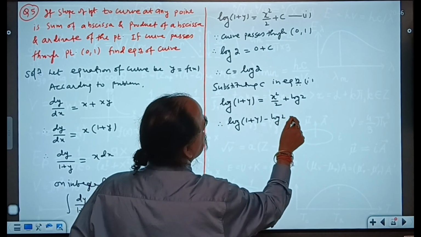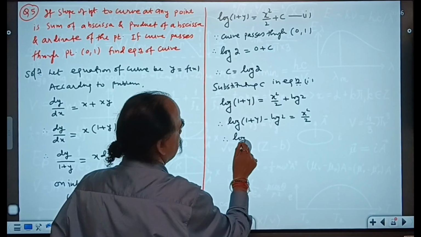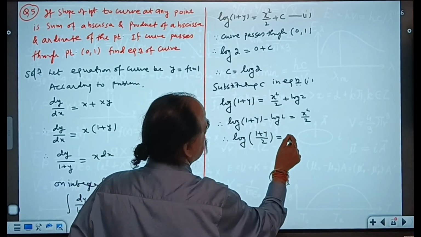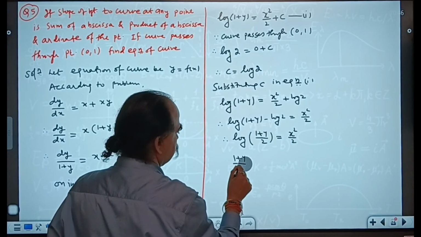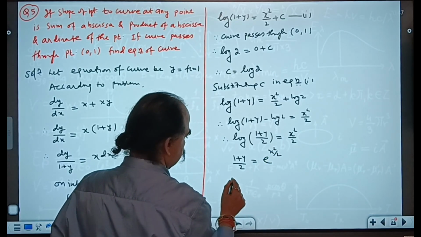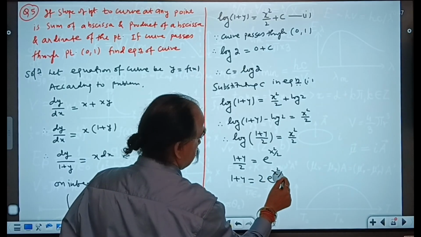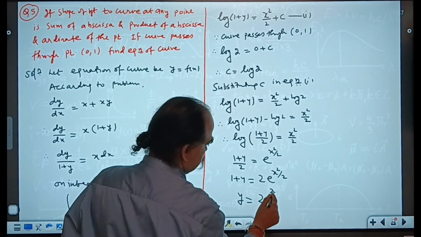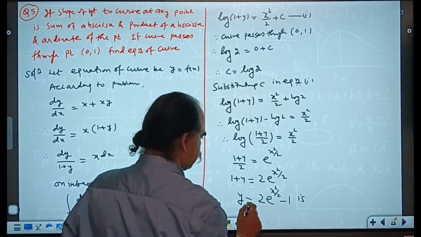Minus log 2 is what? log of 1 plus y upon 2 is equal to x square by 2, so 1 plus y is equal to 2 e raised to x square by 2 is the equation of the required curve.